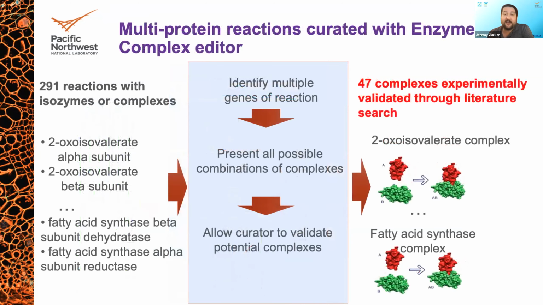To curate protein complexes, we use the Pathway Tools enzyme complex editor, which identifies multiple proteins of a reaction and presents all possible combinations of complexes to the curator. Of the 291 biochemical reactions that were associated with multiple proteins, 47 were manually curated as being catalyzed by an enzyme complex, and we assume the rest were catalyzed by isozymes.